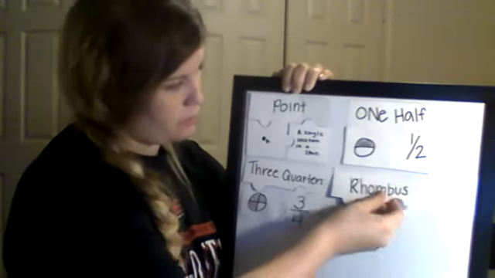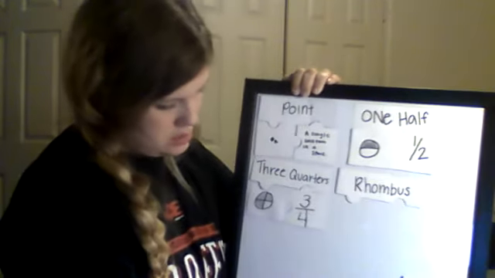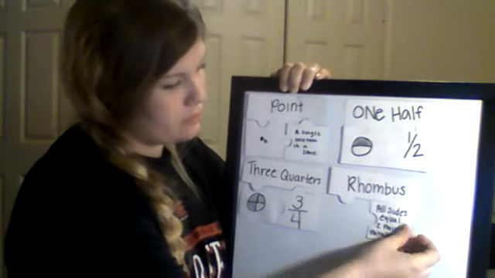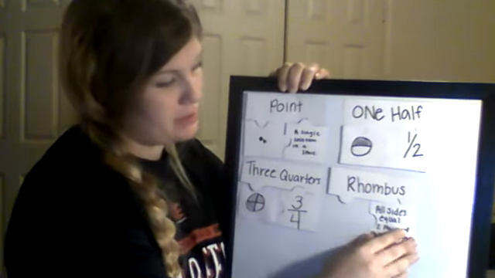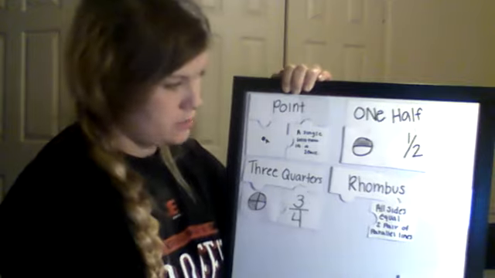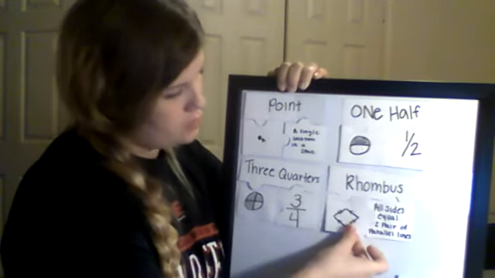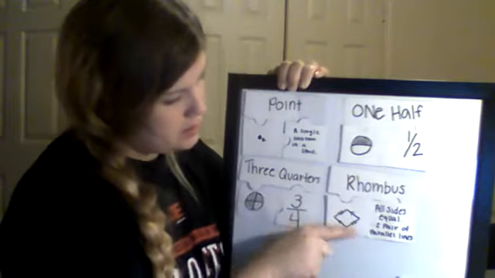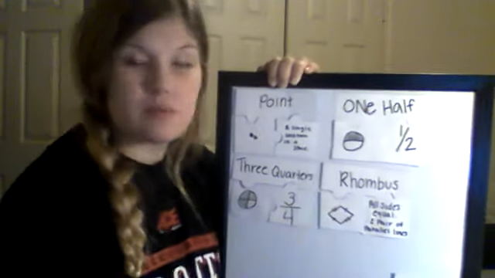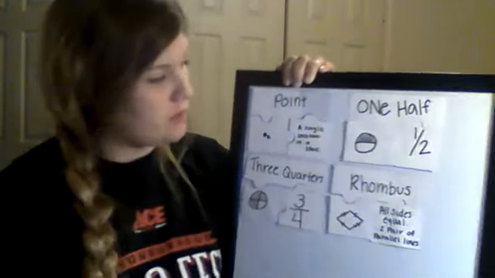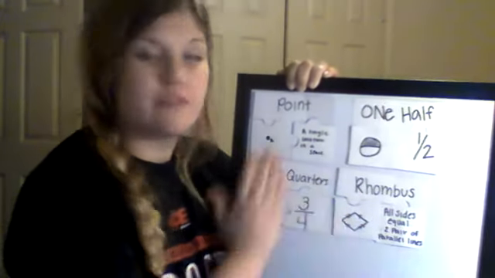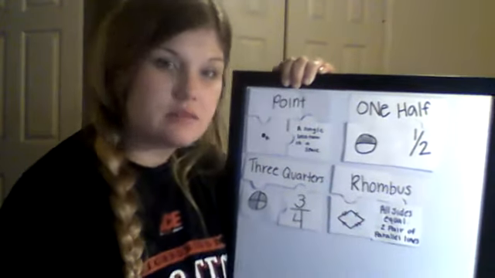Now we have one for rhombus. A rhombus is where all sides are equal and there are 2 pairs of parallel lines. So we look for the picture where there are 2 pairs of parallel lines. They're running diagonally, and these ones are running diagonally as well. All of the sides are equal, the same length, but you have 2 different pairs of parallel sides.